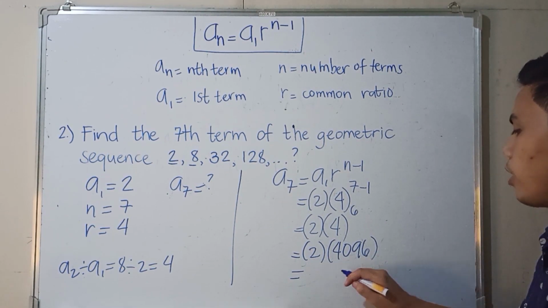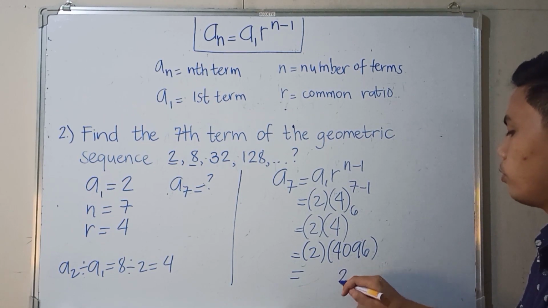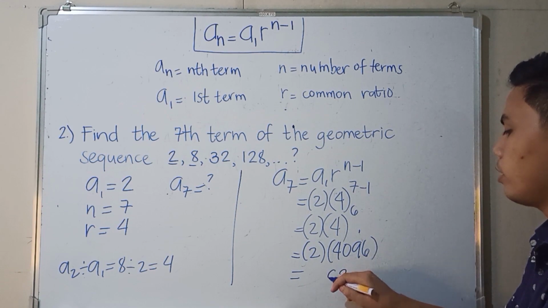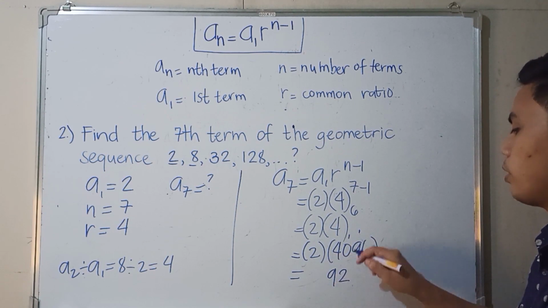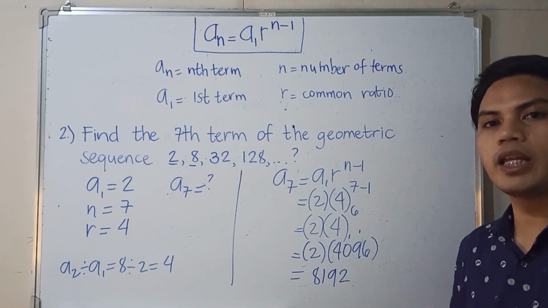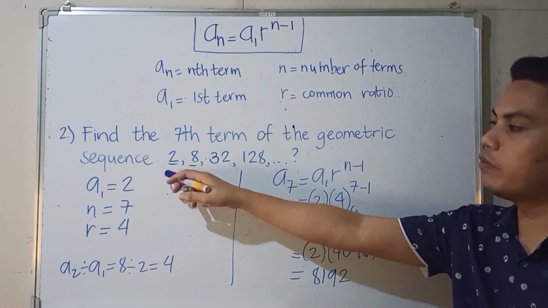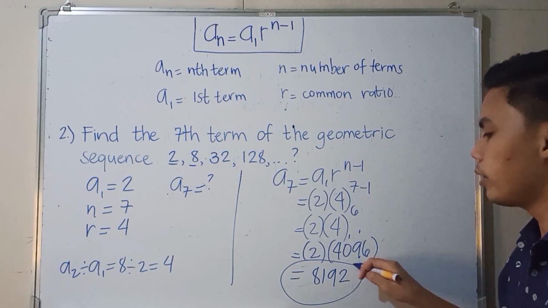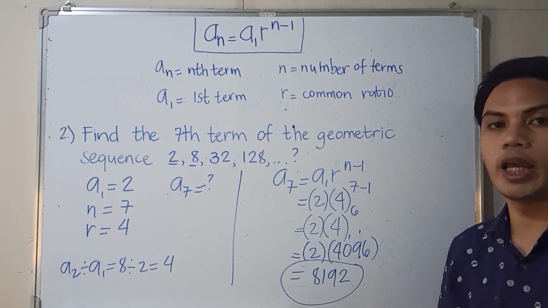Sa madaling salita, ang 7th term ng given geometric sequence natin ay equal sa 8,192. Now it's your turn.